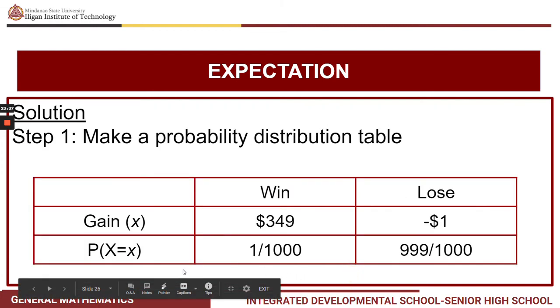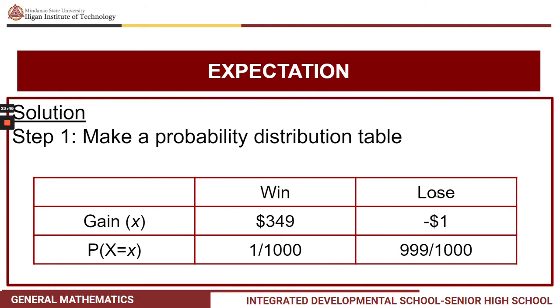So, first, gawa ka ng probability distribution. So, ang possible na outcome is manalo or matalo, win or lose. So, ano yung corresponding value na makukuha mo kung mag-win ka? Ang gain mo is $349. Why $349?